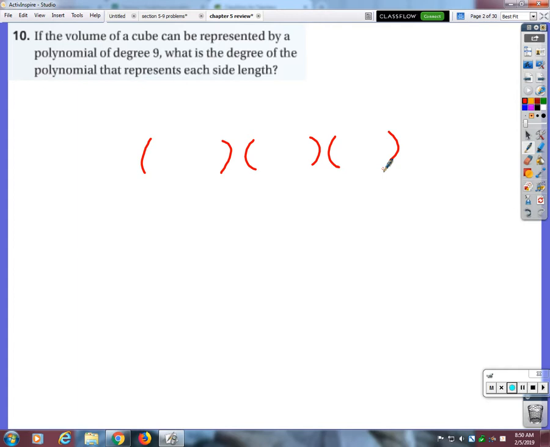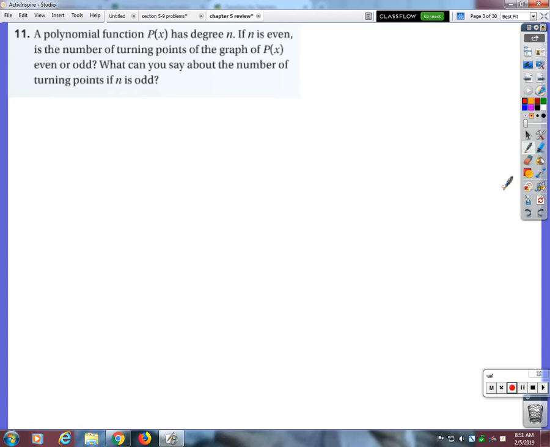And we want those to end up to be 9. What's the degree of each one? Cubic. How'd you get that? Because 3 plus 3 plus 3 is 9. Yep, it works. So must be degree 3. Nice job, Anthony.